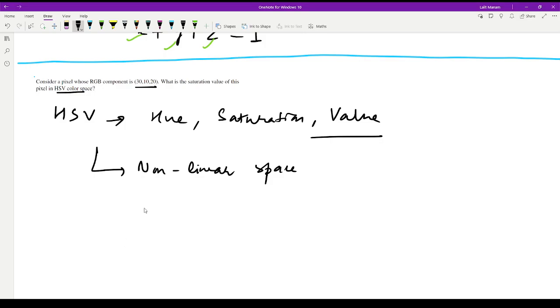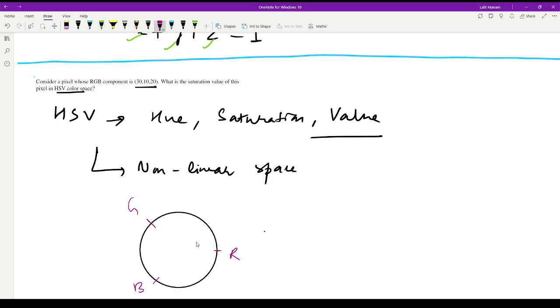If you remember something like this, there was a circle drawn out here. Maybe I'll use shapes. Okay. So we have R, we have G somewhere here, and we have B somewhere here.